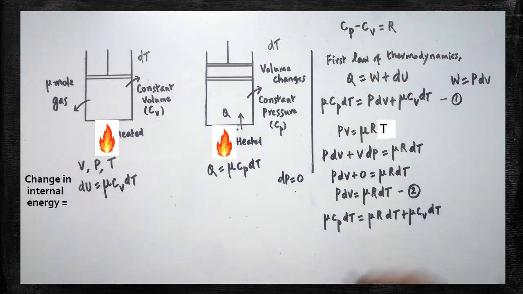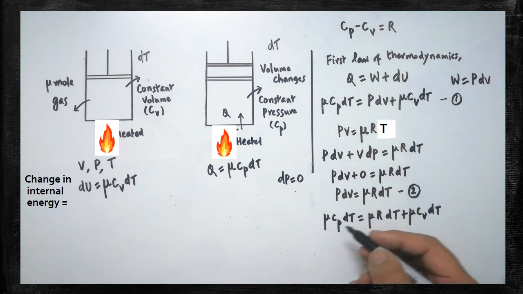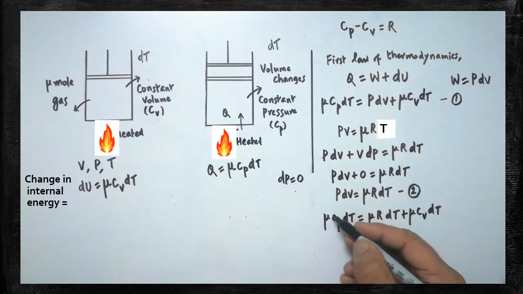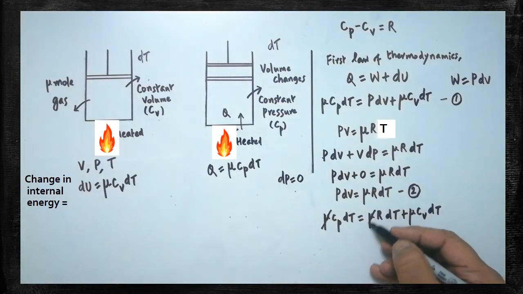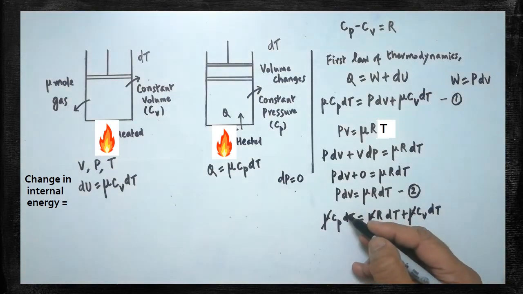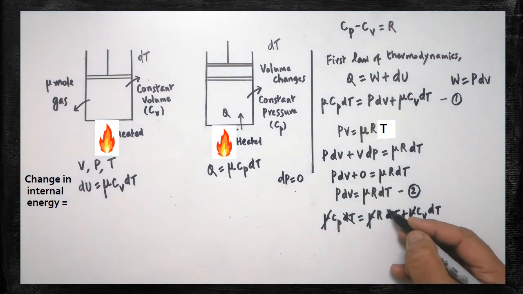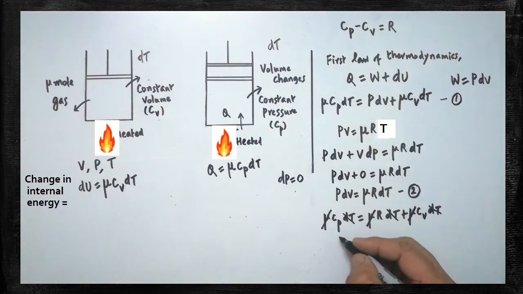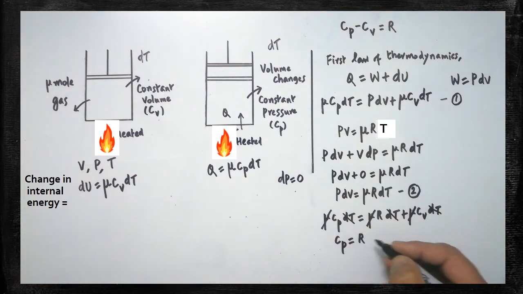Now we can cancel the common factors. Mu is common, dT is common. What is the remaining factor now? Cp is equal to R plus Cv.